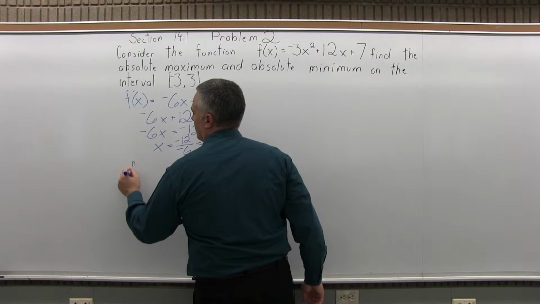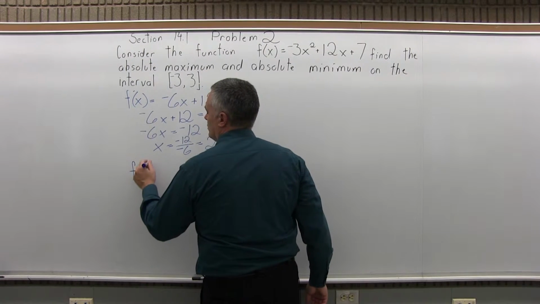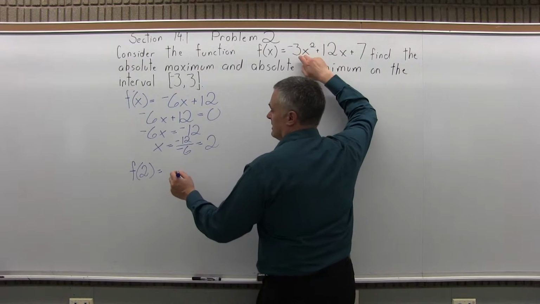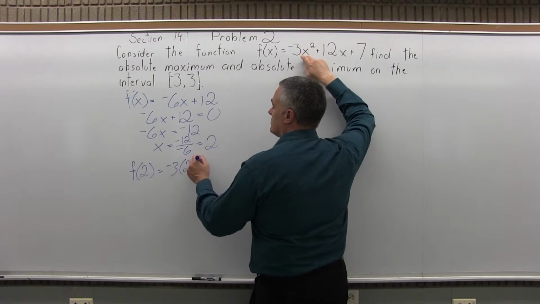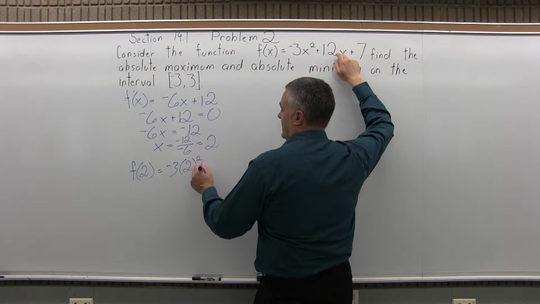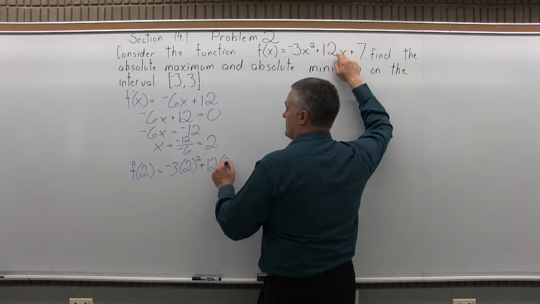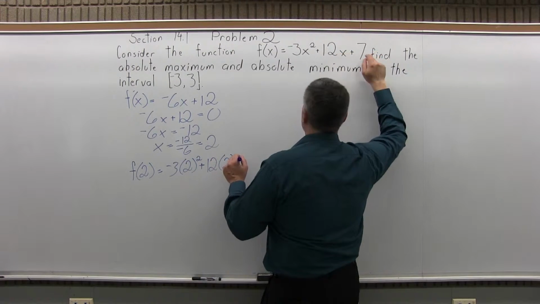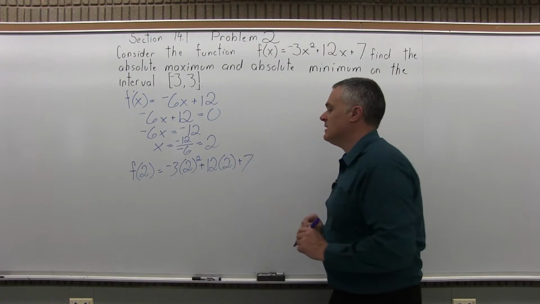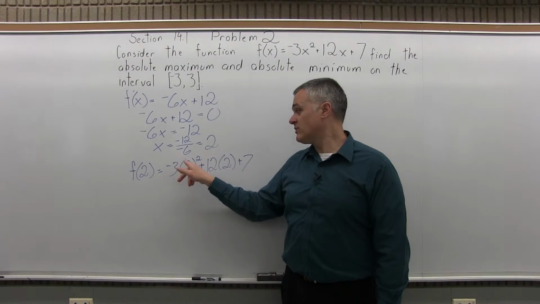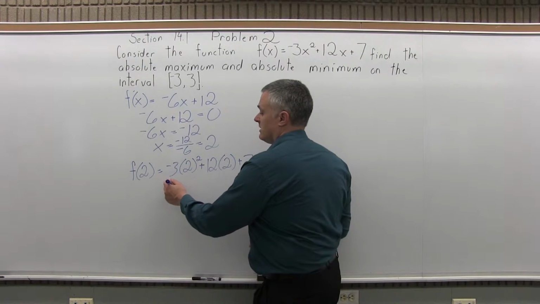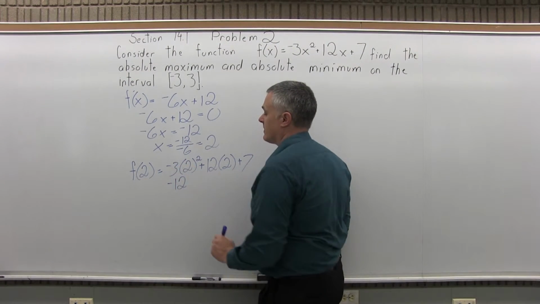So we will have f of 2 equals negative 3x squared becomes negative 3 times 2 squared, plus 12 times x becomes 12 times 2, and we have a 7 on the end. Now, as we do the math, 2 squared, 2 times 2 is 4, times the negative 3 in front. 4 times negative 3 is minus 12.